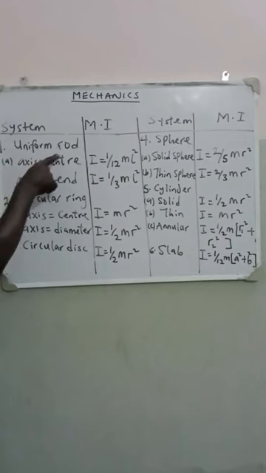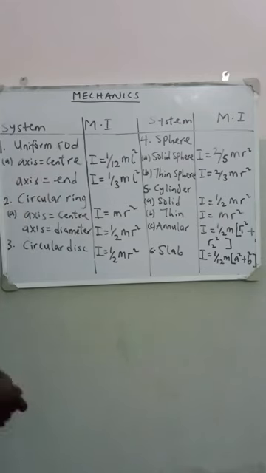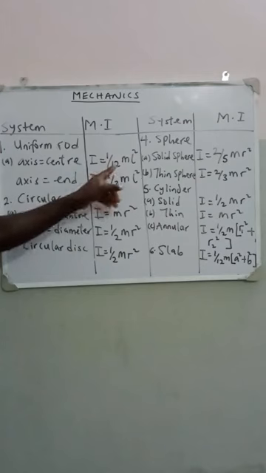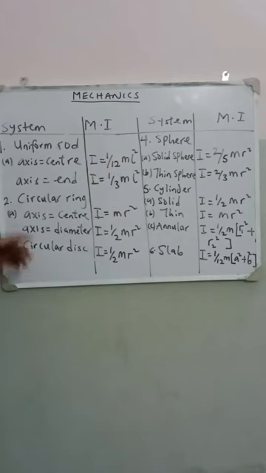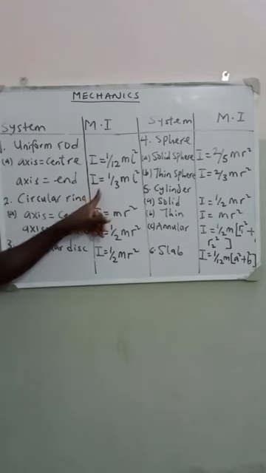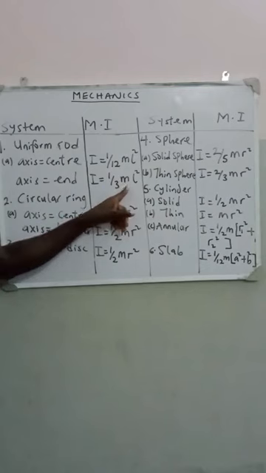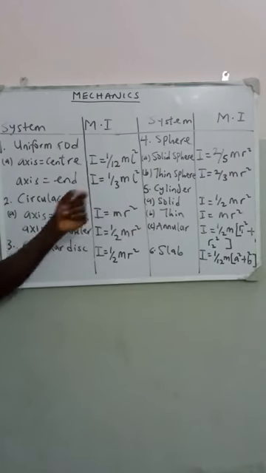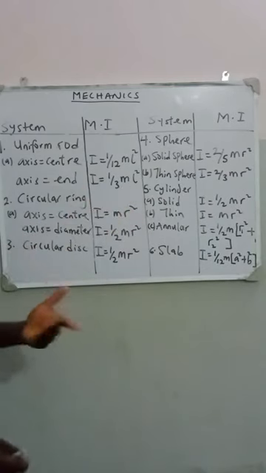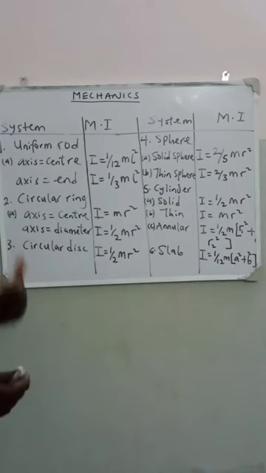For uniform rod, you can see when the axis is at the center, when the axis is rotated at the center, the moment of inertia I equals 1/12 ml squared. But when the axis is rotated at the end, our moment of inertia is 1/3 ml squared. Don't forget, m is the mass, where l is the length of that rod.